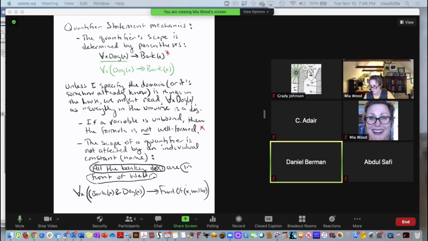The fact that Walter is bound by this closed paren doesn't mean that we're trying to quantify Walter, right? What we're doing is making sure that the x's that go with that universal quantifier are enclosed, right? Does that make some sense? So far, so good? Questions, problems, confusions?